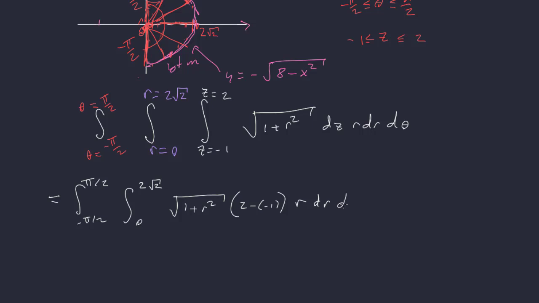Then we'll just have r dr d theta. All right, then we'll have the integral from negative pi over 2 to pi over 2, 0 to 2 root 2. This will become 3r square root of 1 plus r squared. And I'm going to actually rewrite this as to the 1/2 power, because now we're about to integrate this in terms of r, and I'm going to use quick U substitution.